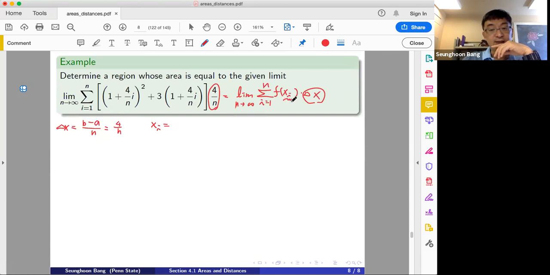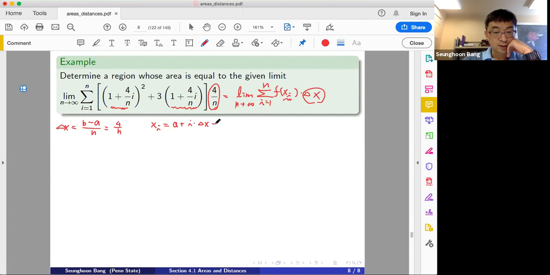Xi is the inside part, 1 plus 4i over n. What's xi? The exact definition is a plus i times delta x.